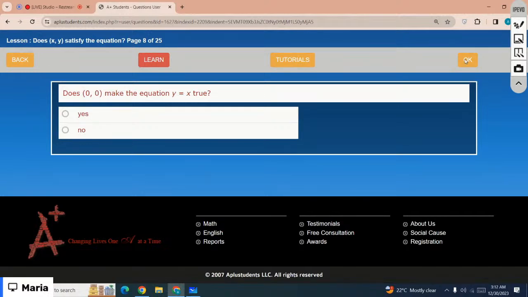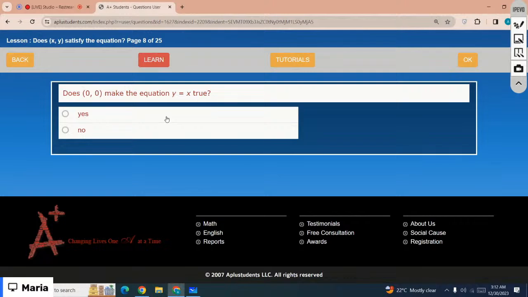Does (0, 0) make the equation y equals x true? The correct option is yes, it is the solution of the equation, right?